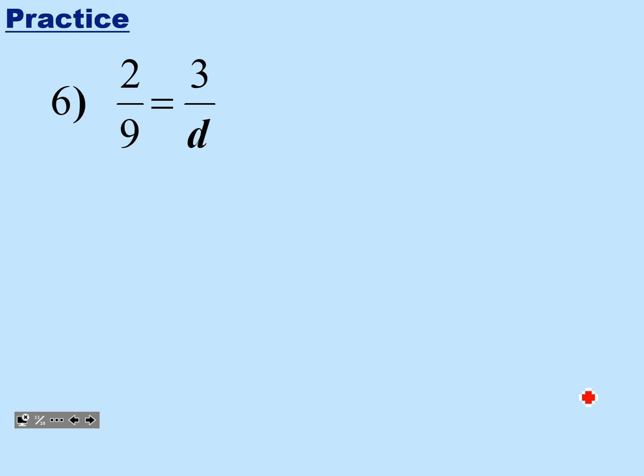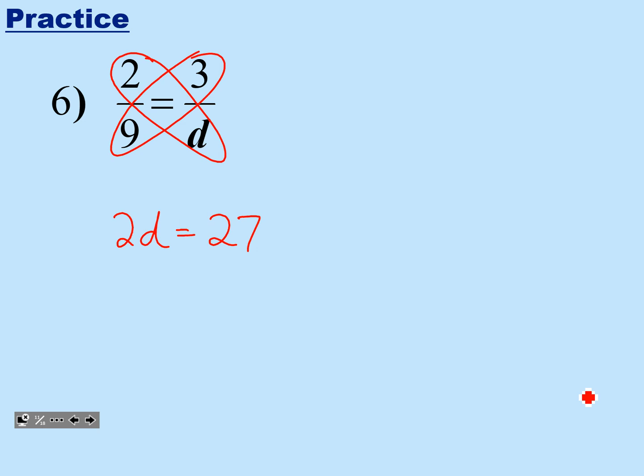So what I'm going to do simply is cross multiply. 2 times d is 2d. 9 times 3 is 27. I'm going to divide both sides by 2. D equals 13.5.